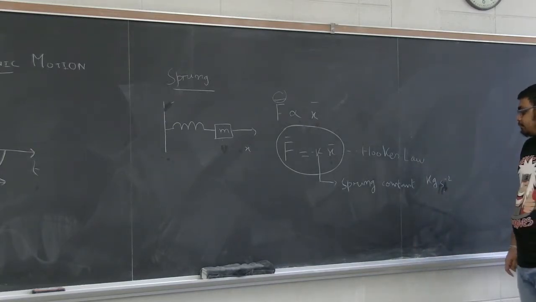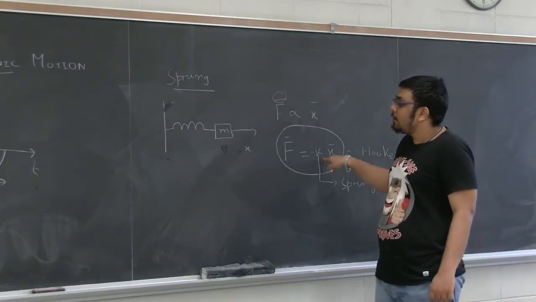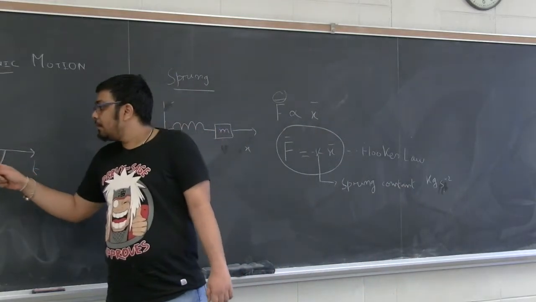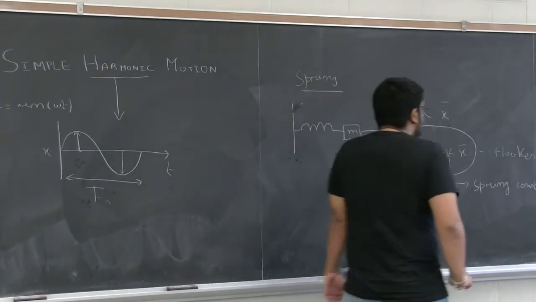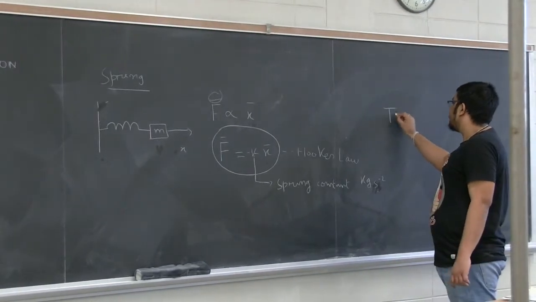Okay. So we can determine the spring constant by plotting the motion of the object like this, because the spring constant will be directly related to the period. And the formula relating the period to the spring constant is this.